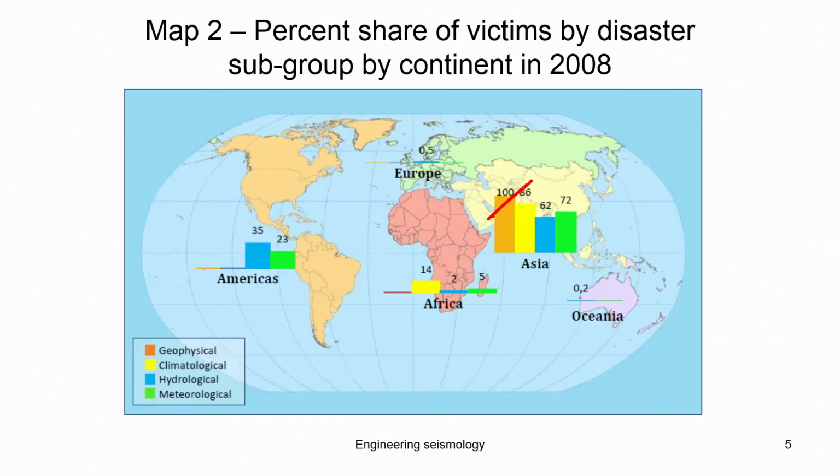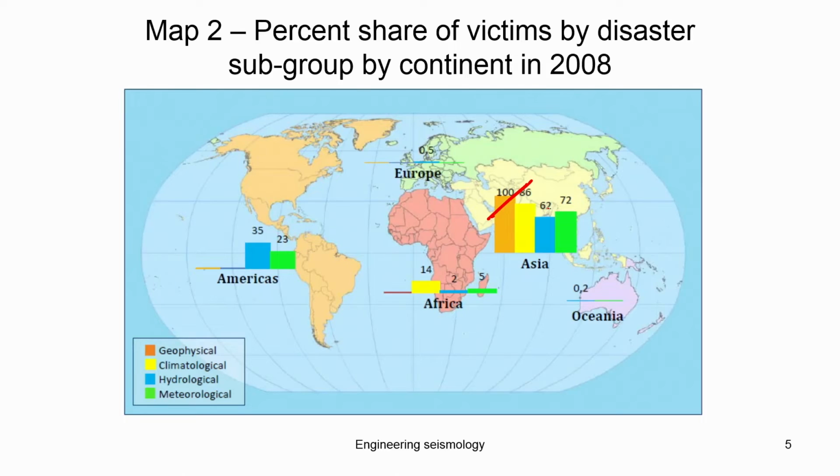But the number of people who die due to geophysical hazards is 100% compared to any other continent. That means if 100 people die due to geophysical hazards, those 100 happen only in Asia. For other hazards, the percentage is not very low, but relatively smaller compared to geophysical hazards, like 72, 62, so 86.